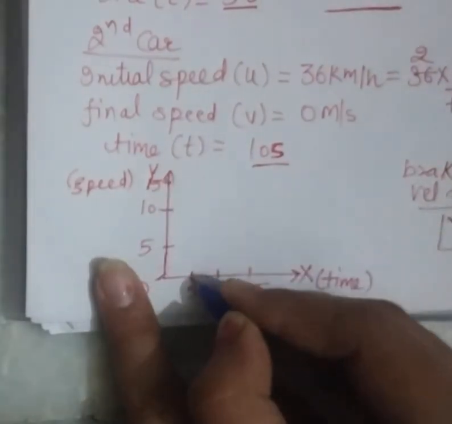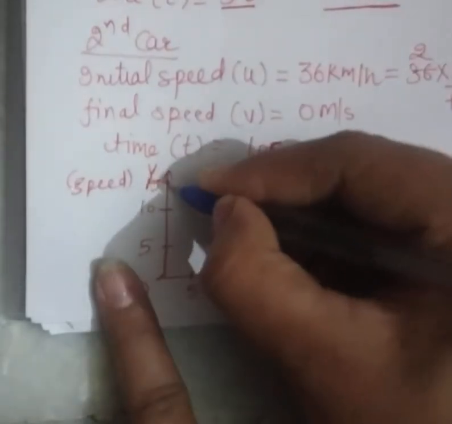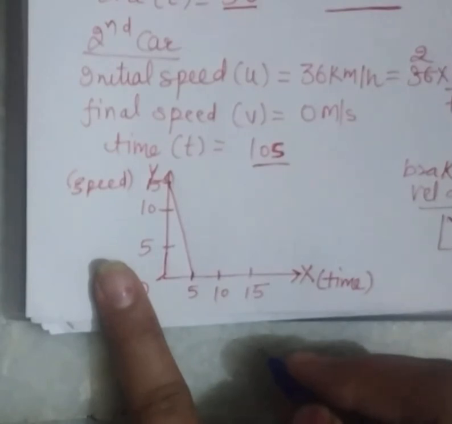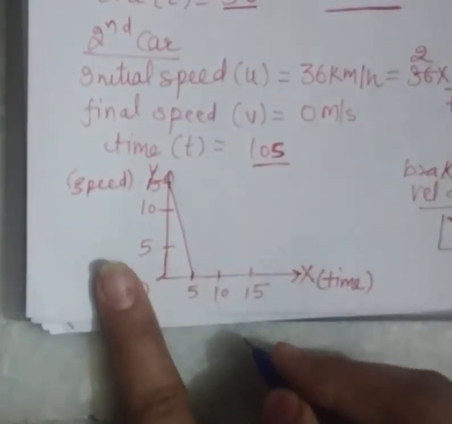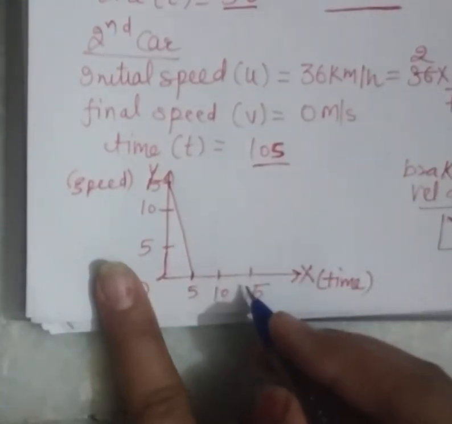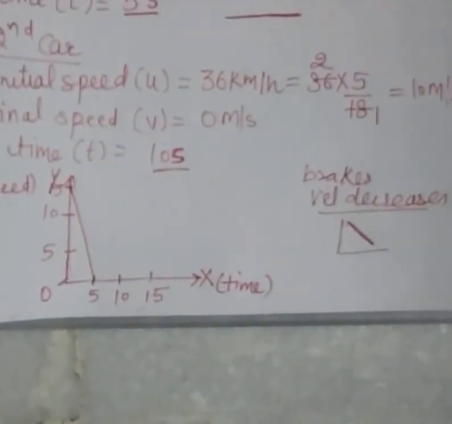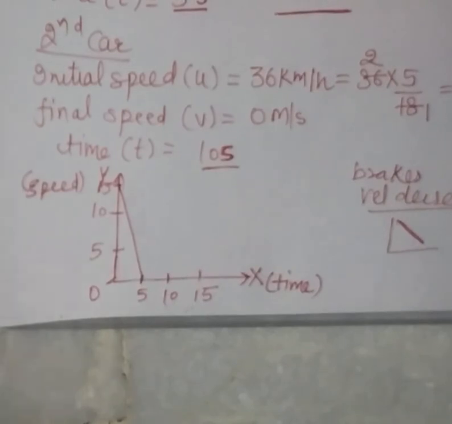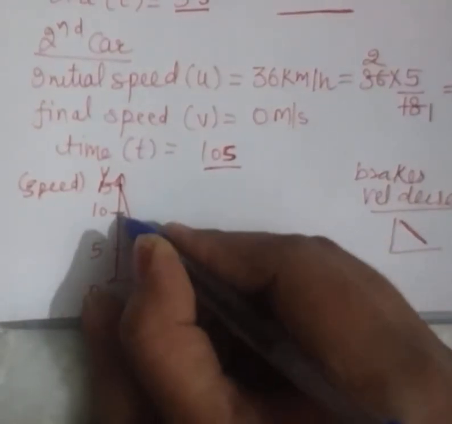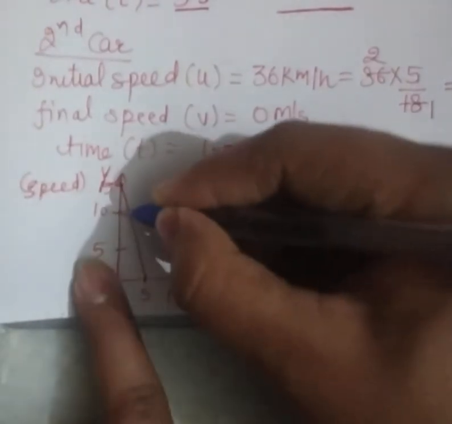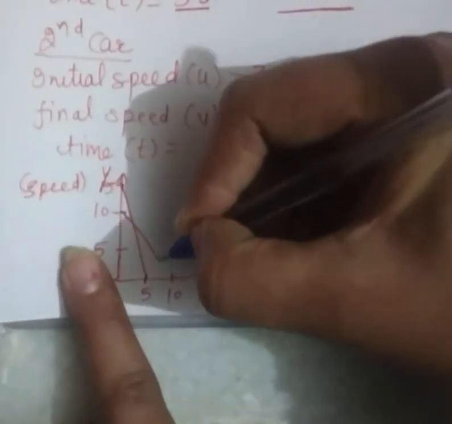So time is 5 seconds, velocity 15 to 0 going down. And for the second car, the speed is given to be 10 meter per second. It retards and comes to rest after 10 seconds. So for this, the graph will be like this.